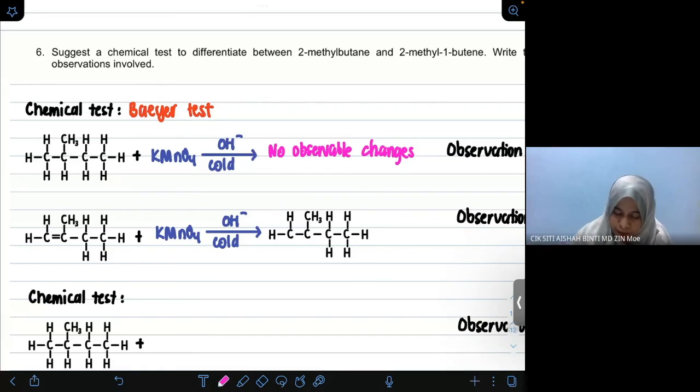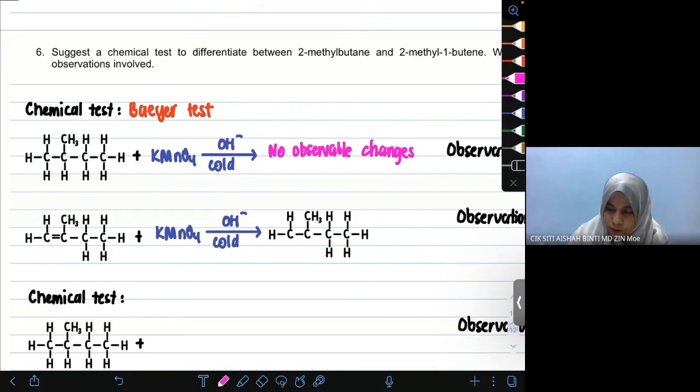So we write here: this one will be OH and OH. But we also have to write down MnO2. This Bayer test reaction is the formation of diol. This is what we call diol.